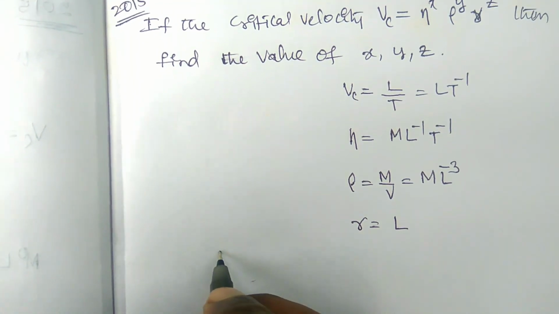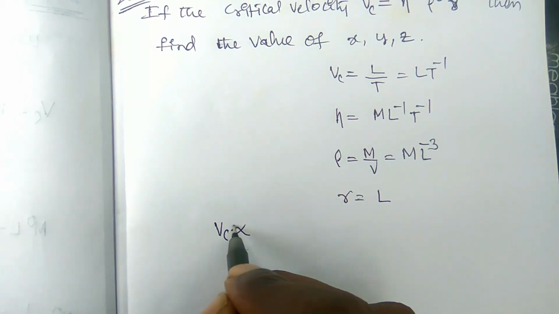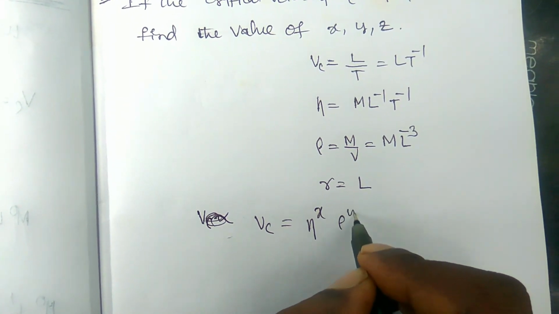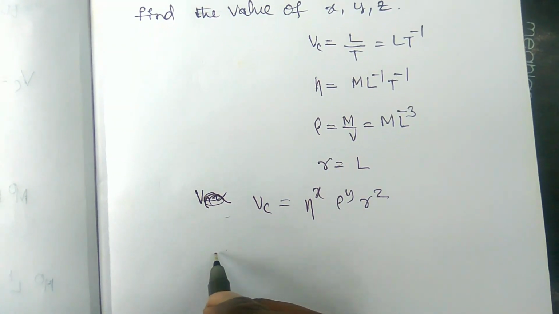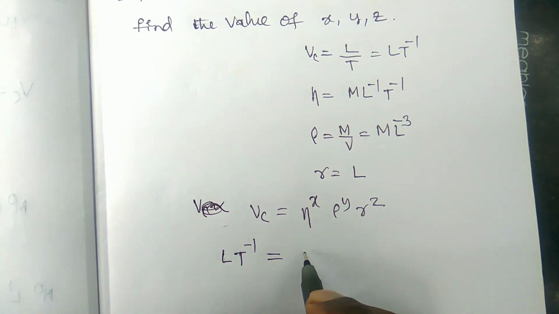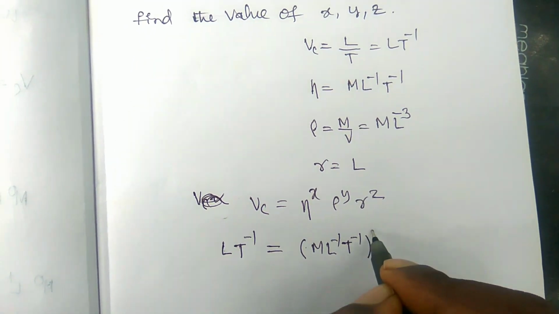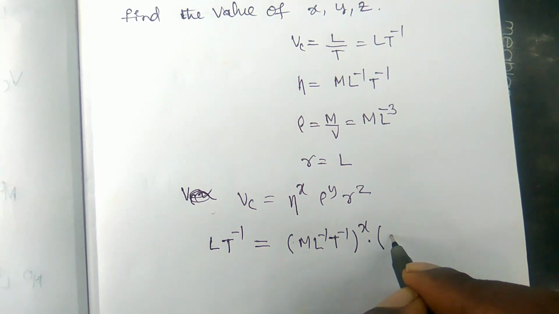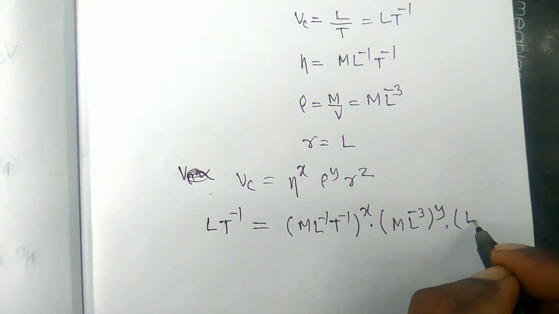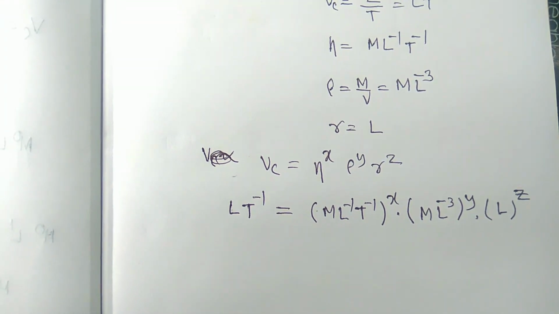So now we have to write Vc is equal to, as already given, eta power x, rho power y, r power z. Let Vc be equal to L T minus 1. It is equal to eta, which is M L minus 1 T minus 1, whole power x. Rho is equal to M L minus 3, power y. R is equal to L power z. So let us simplify.